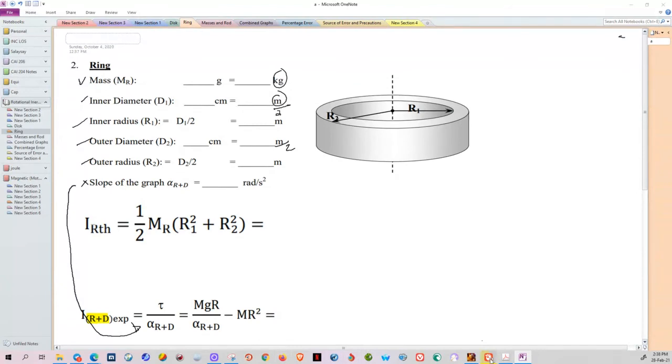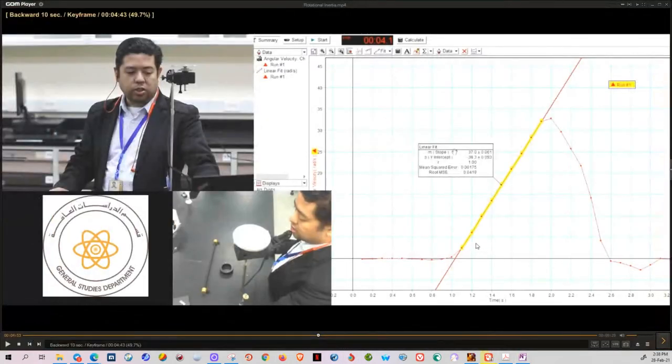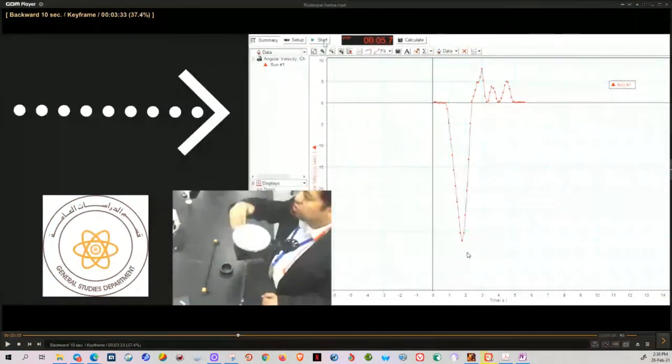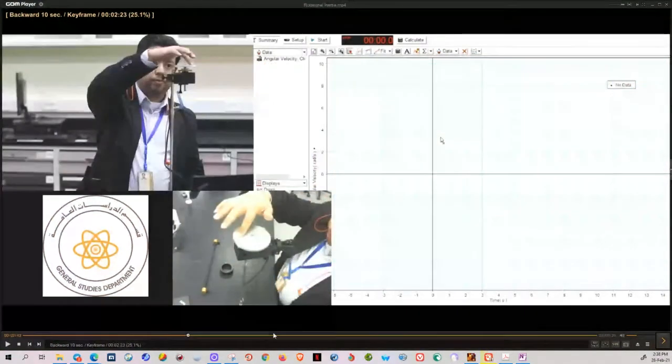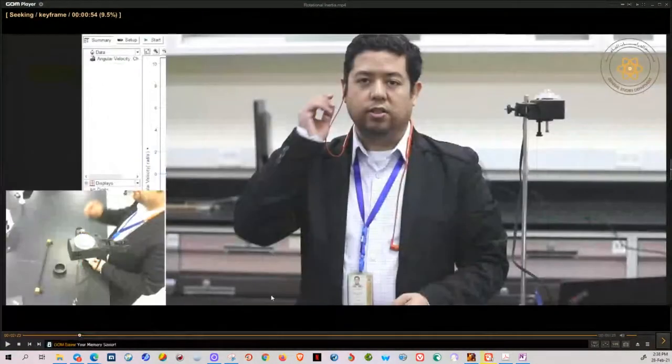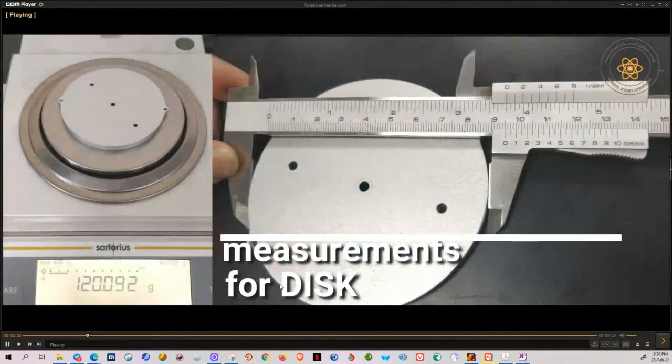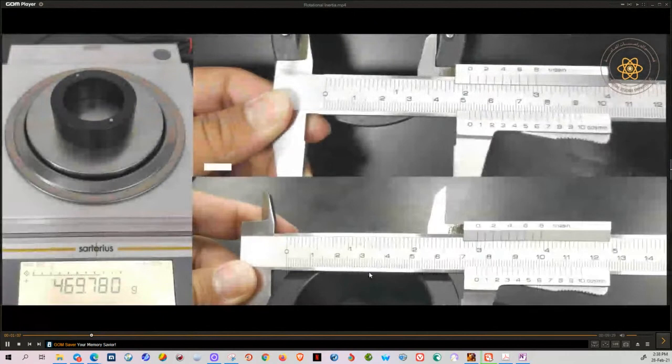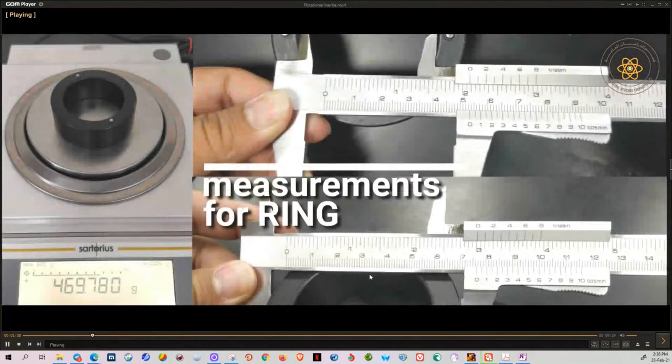Let us go to the video and give you the measurements of the ring. Okay, let me go back. Measurements of the ring. That's the disk, you already have it. Okay, this is the ring. Get the mass of the ring. Alas, you have the mass of the ring?